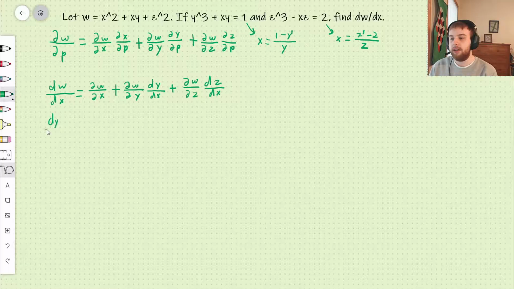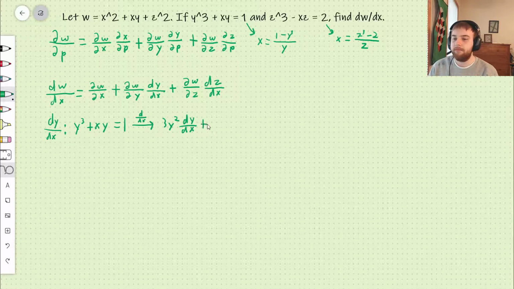So dy/dx. Like I said, we need to solve for this implicitly. So let's see. We're given y cubed plus xy equals 1. We can do the derivative of everything with respect to x. And what we get is 3y squared, then we have to take the dy/dx after that.